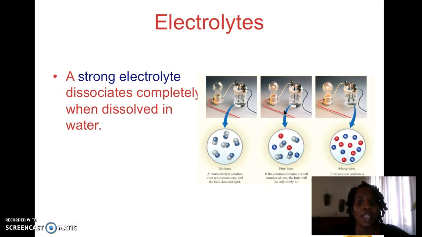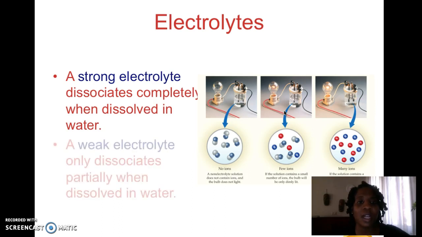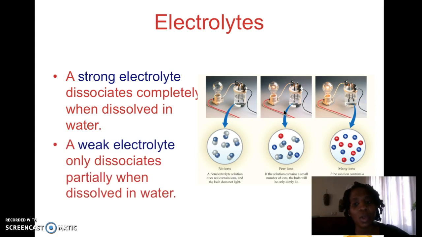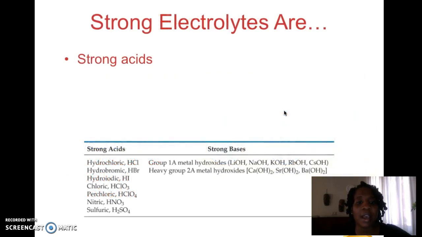So, again, just to remind you what that means, an electrolyte will conduct electricity when dissolved in water. A weak electrolyte will only dissociate partially, so there still will be some conductivity, but for example, in this diagram, you see the bulb is only dimly lit.